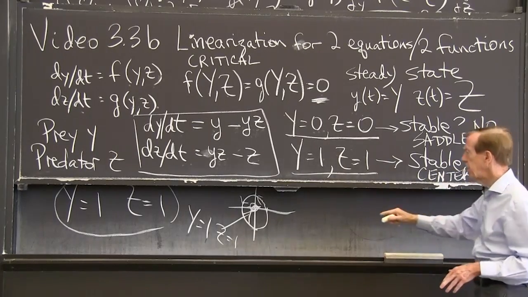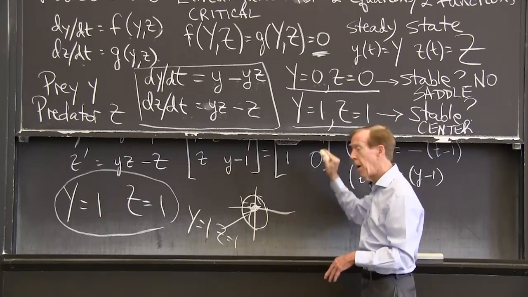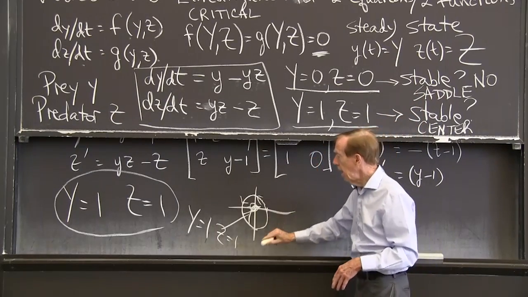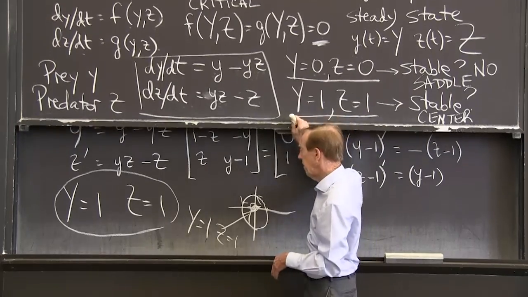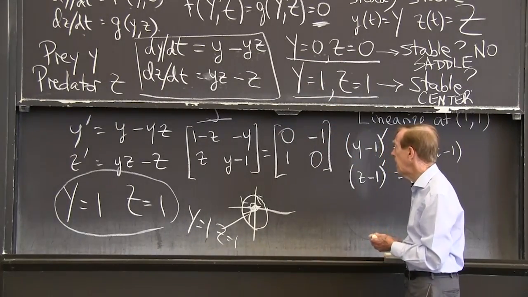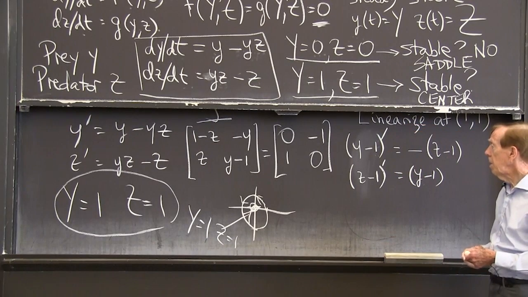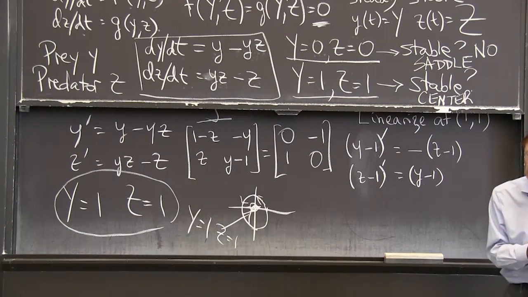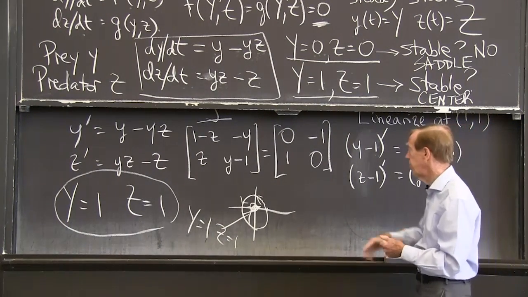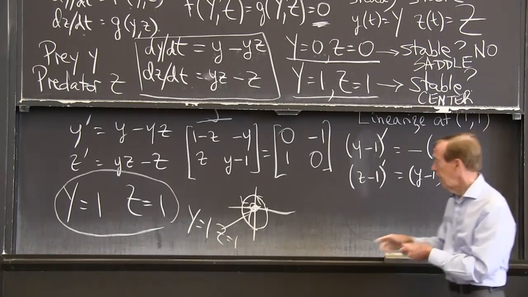That was a very special picture where it didn't spiral out, it didn't spiral in. The eigenvalues of that matrix, well, better leave eigenvalues for the future, because they happen to be i and minus i here.